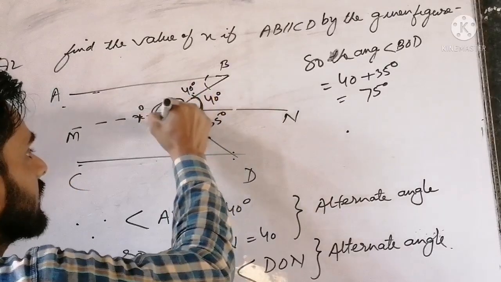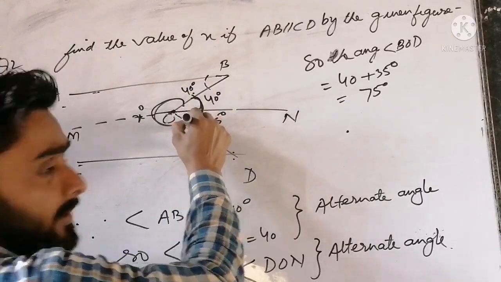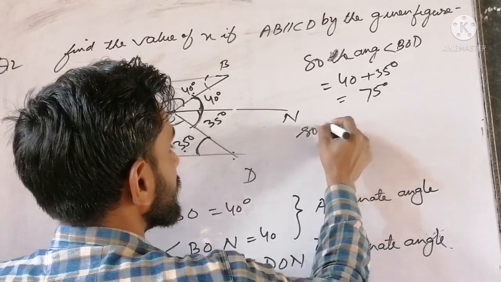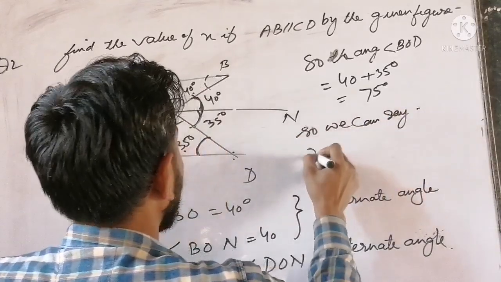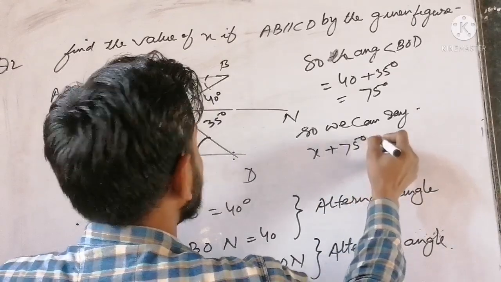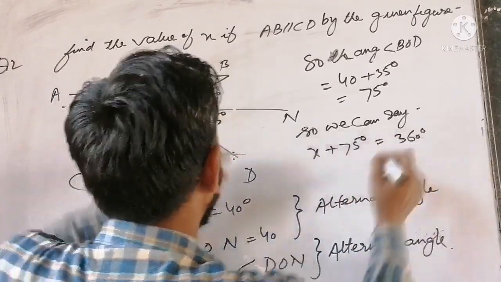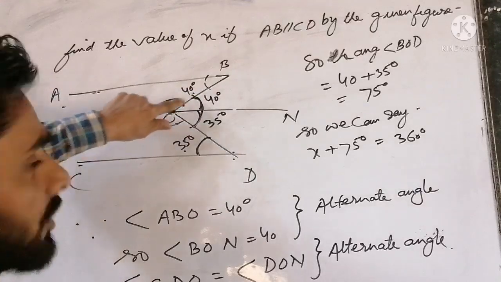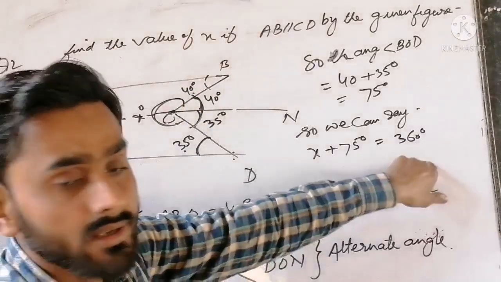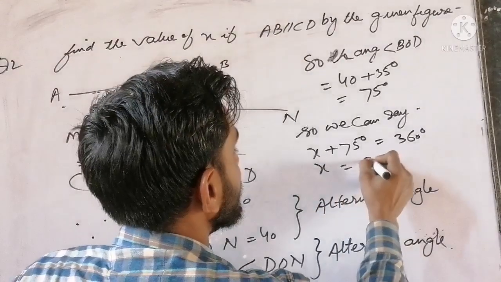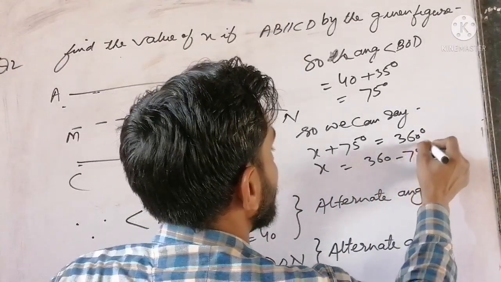This is x degrees and this is 75 degrees. So we can say x plus 75 is equal to 360. All angles around this point O are equal to 360 degrees. So x is equal to 360 minus 75.